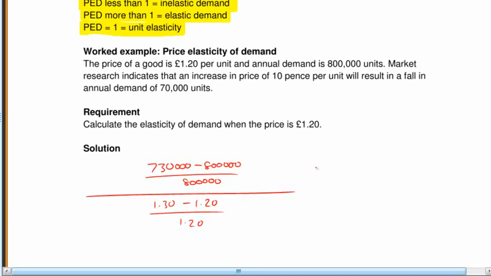So that gives us a percentage change in quantity of 8.75%, and it gives us a percentage change in price of 8.33%. One goes up and one goes down, but we ignore the minus sign. So that gives us a price elasticity of demand equal to 1.05.